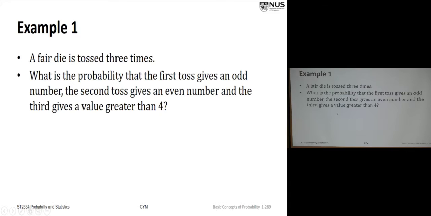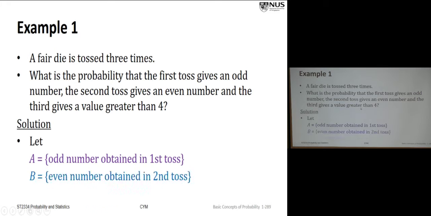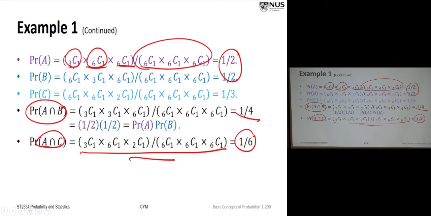So we talk about examples. The first one, example one, indicates that there are events that are mutually independent and also pairwise independent. In this example, the way we compute the probability of A intersect B, or probability of A, is all based on counting.